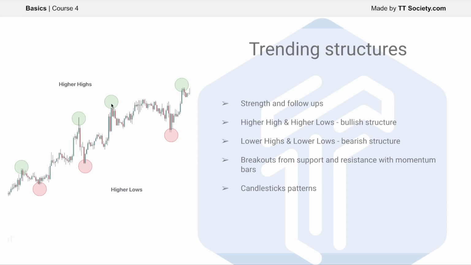We're creating a higher high, we're having reversal bars in here. Creating a higher low, we're having reversal bars in here. So keep that in mind when backtesting and use it to your advantage. As an exercise, try to find candlestick patterns as the reversals are happening, either on the upside or the downside.